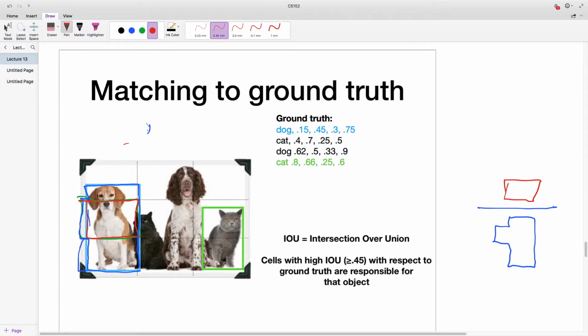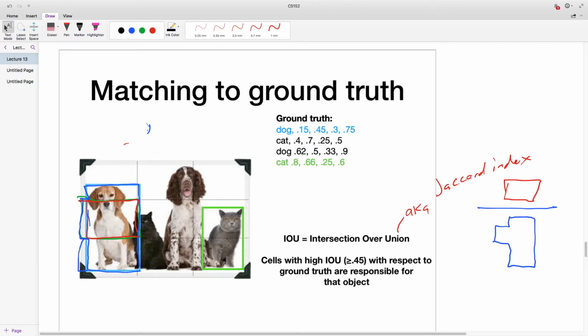This is sometimes also called the Jaccard index. So what we'll say is, and we have a number here, this number is a hyperparameter, cells that have a high intersection over union, a high Jaccard index, with respect to the ground truth, are responsible for that object.